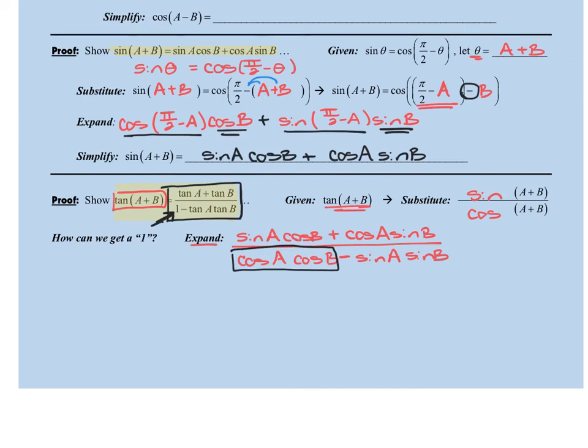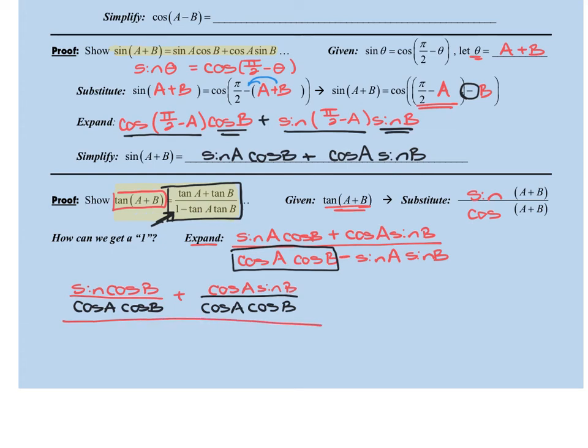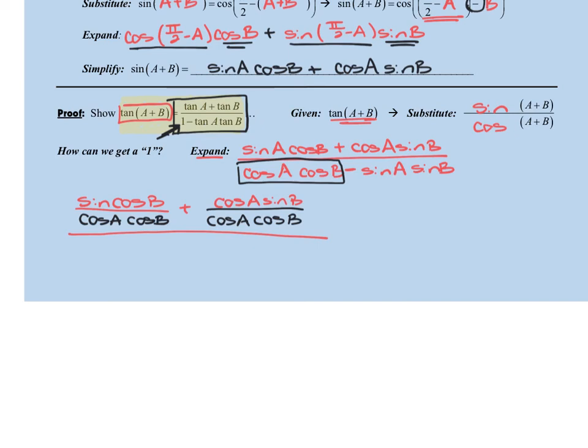So I'm going to take sine A, cosine B, and divide that by cosine A, cosine B. Then I'm still going to have cosine A, sine B, but I need to divide that also by cosine A, cosine B. Then that whole thing is going to be over cosine A, cosine B, and that has to get divided by cosine A, cosine B, minus sine A, sine B, and that's going to get divided by cosine A, cosine B.